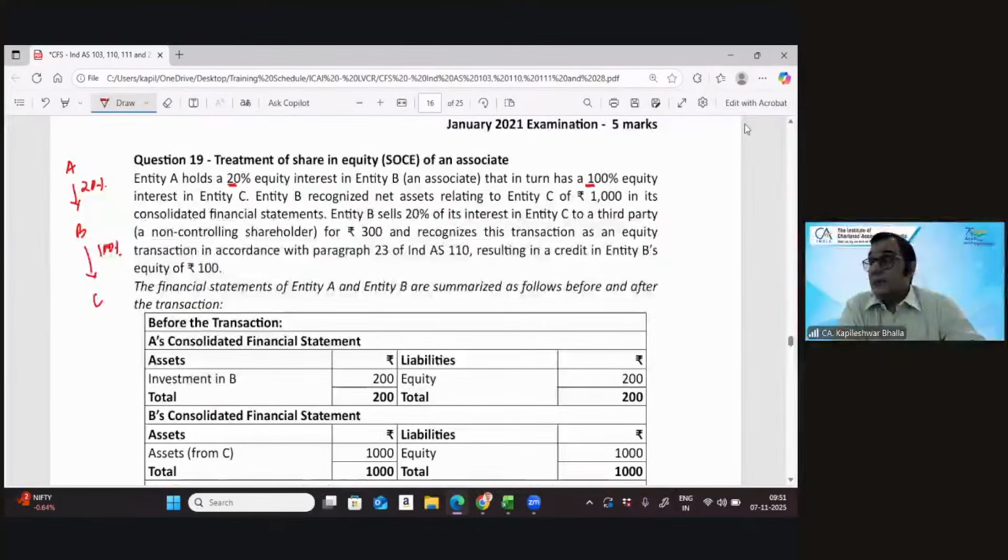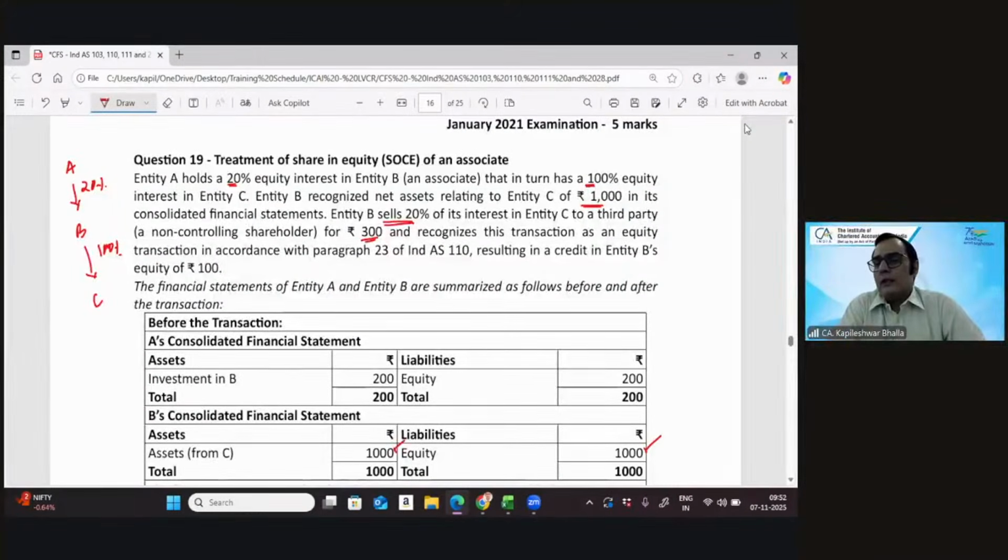So basically, B is the associate of A, and C is supposed to be the subsidiary of B. Then it says B recognized the net assets of entity C, 1,000, in the consolidated financials. You can see B's consolidated financials appearing below. And then it says B sells 20% interest in C to a third party for 300.